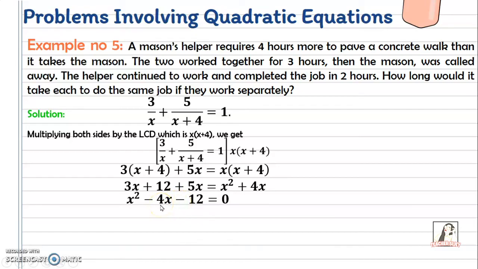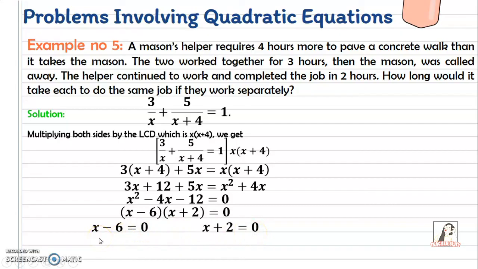So, ang ating pong factor dyan sa ating expression dito sa kabilang side ay x minus 6 times x plus 2 equals 0. So, ngayon, i-apply natin ang zero product property na kung saan kailangan natin i-equate kada factor sa 0. So, we have x minus 6 equals 0, x plus 2 equals 0.